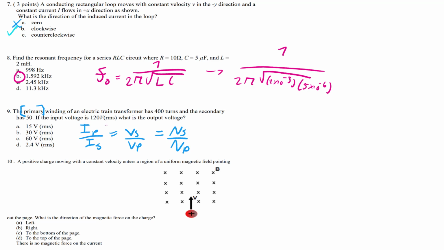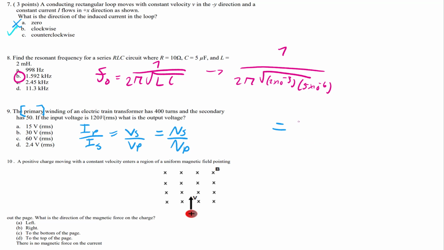So the primary winding of an electric train transformer is 400 turns. Turns is N, and the secondary has 50 turns. It looks like we're not going to be worried about current, so I'm just going to ignore this part. Oh, I'm sorry, always look at what you're doing.